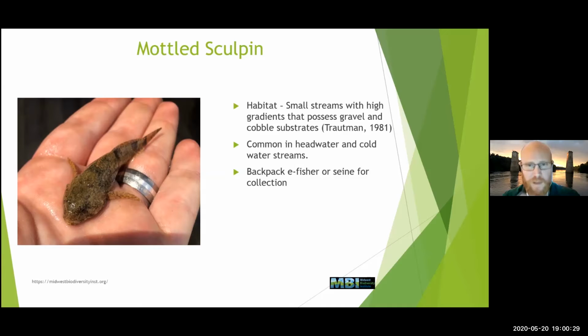They're pretty common where they are, and they're easy to collect with a backpack electrofisher or a seine. I think they're really cool to look at too. But again, small streams, generally cold water.